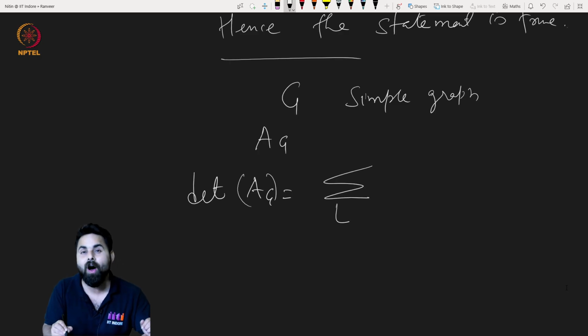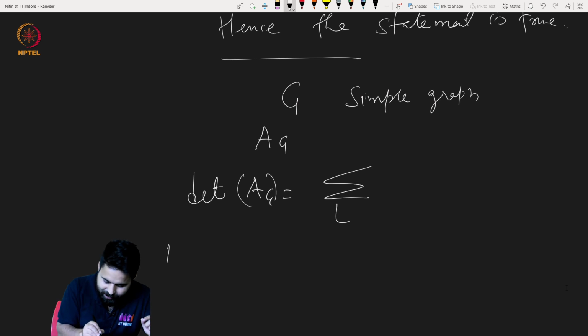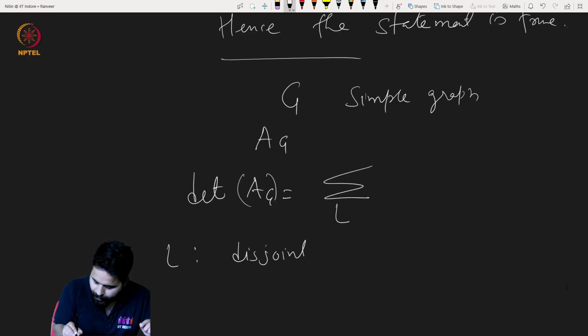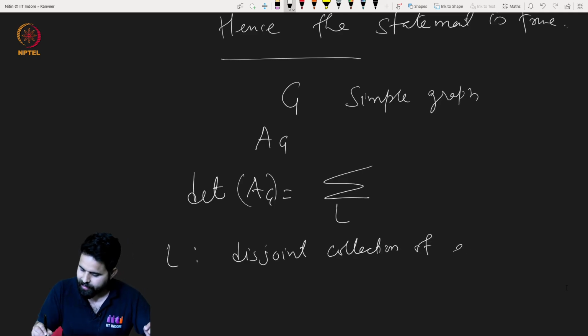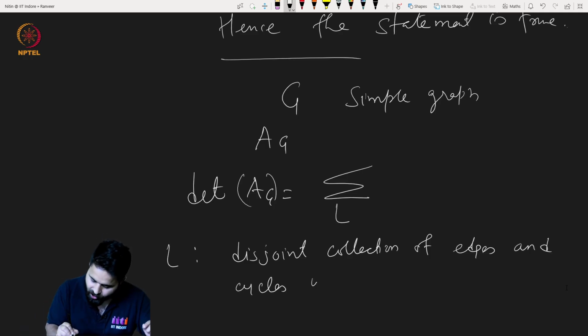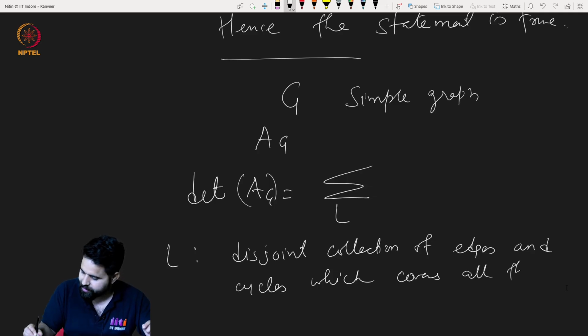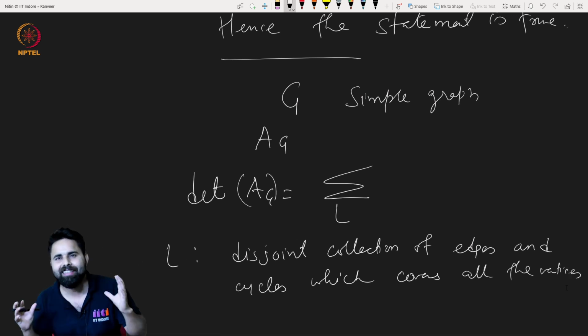Summation over all subgraphs L, where L is a disjoint collection of edges and cycles which covers all the vertices. It is again like before, but now we have edges and cycles.